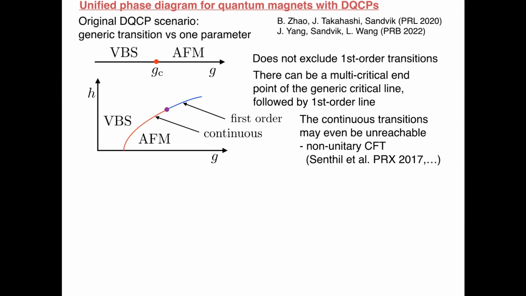And of course, there's been a lot of discussion, including here, if these continuous transitions can even be reached at all. Maybe they don't exist in the parameter space in the real world, so to speak, but you have to go to non-unitary CFTs to really come to those points.